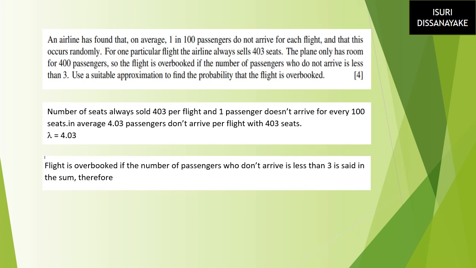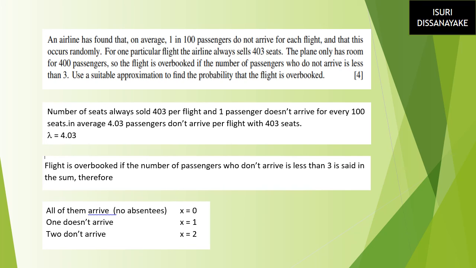The flight is overbooked if the number of passengers who do not arrive is less than 3. It is specifically said in the sum that the number of passengers who do not arrive is less than 3. In such a situation, only then is the flight overbooked.